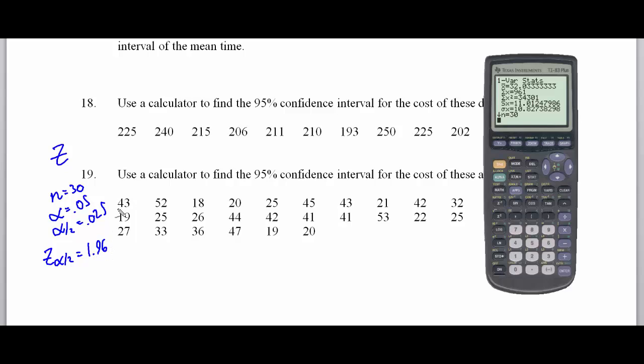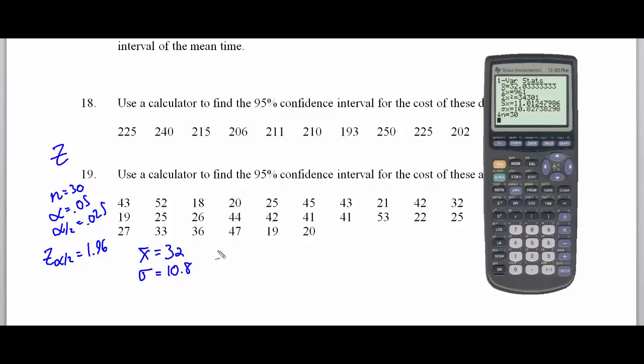is the same 1.96 we had at the top of the worksheet for problem number 14. You're going to find that you're going to use some of the same z-scores throughout the test. So knowing when to cut it in half for z-tests and how to do that is pretty straightforward. So let's look at our work here. Unlike the answer key, which said to round your standard deviation to 11, I want to use the raw average of 32, and I want to use the standard deviation in this case of 10.8.